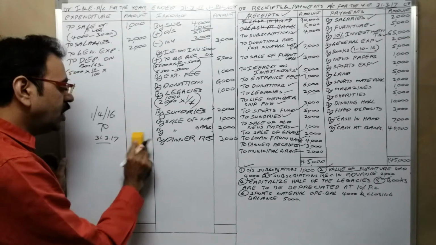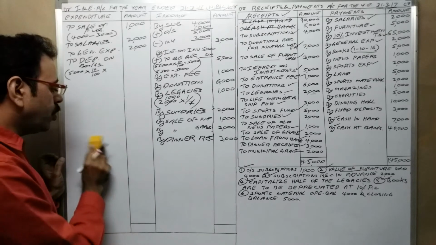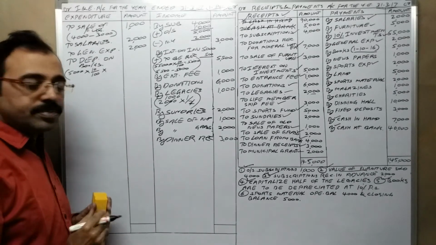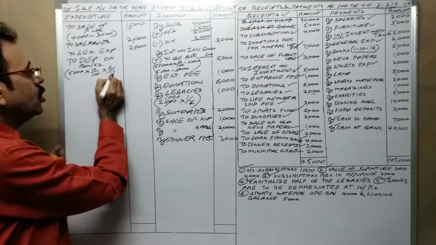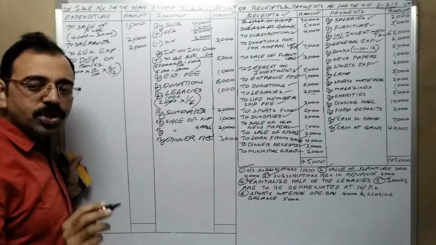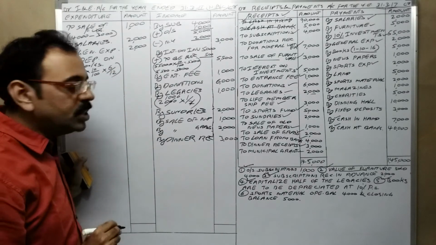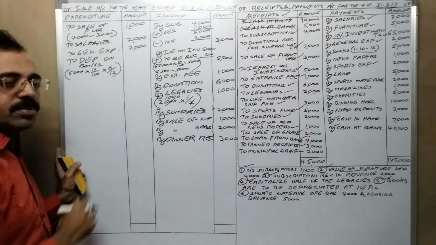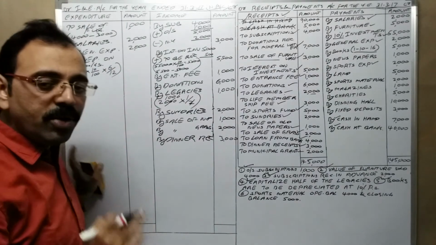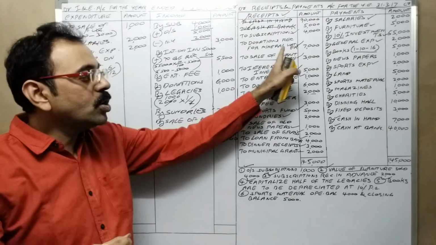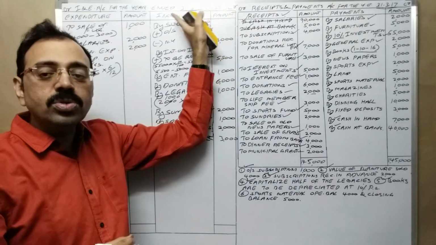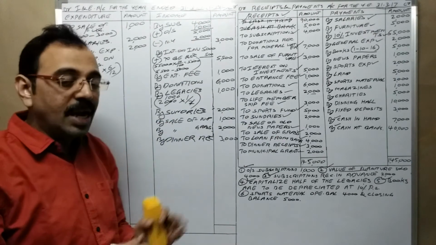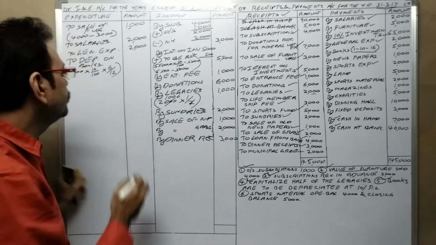In the depreciation lesson, you learn this point. For how long we use that asset, only for that many months we should provide the depreciation. Therefore, into 6 by 12. 6 months. From when to when? From 1st October 2016 to 31st March 2017. That period I am taking here.